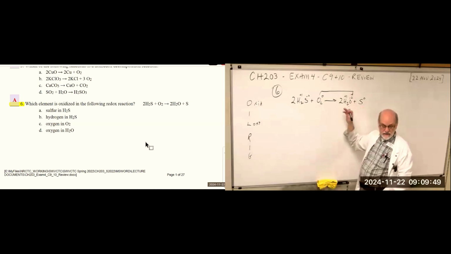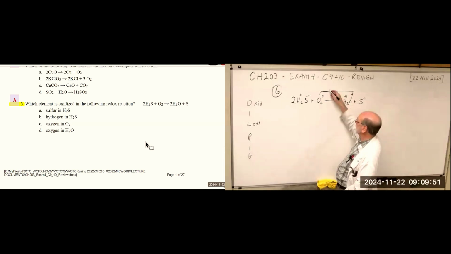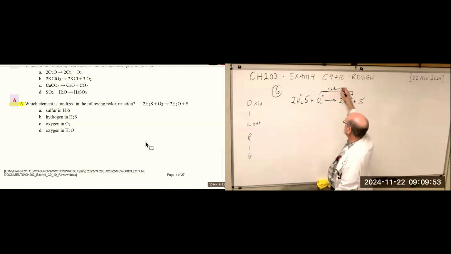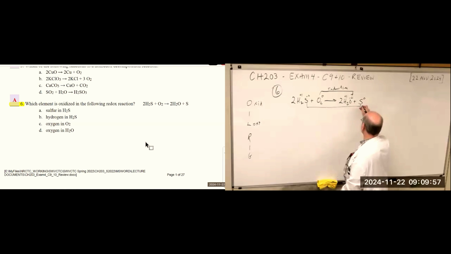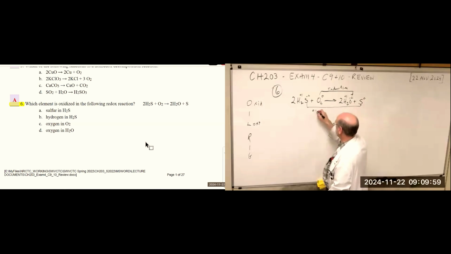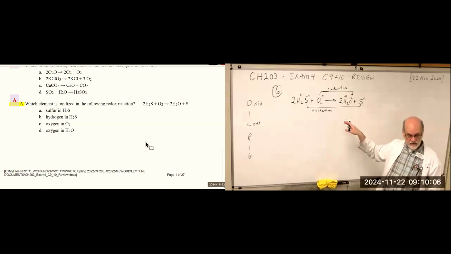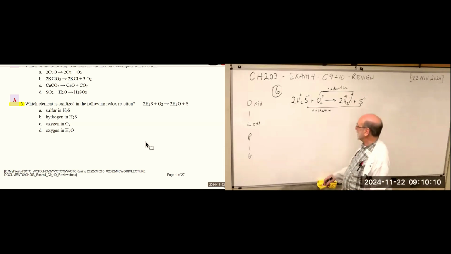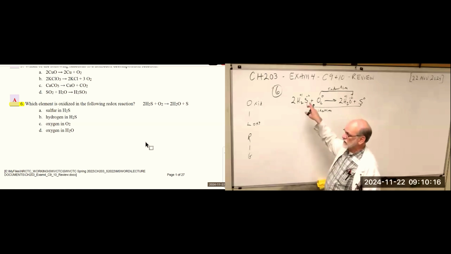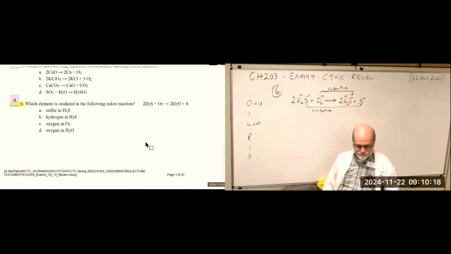It went more negative. That means it was reduced. So this is the reduction. That means this sulfur going from here to here is the oxidation. It actually lost 2 electrons for each sulfur. Okay, so sulfur in hydrogen sulfide was oxidized.